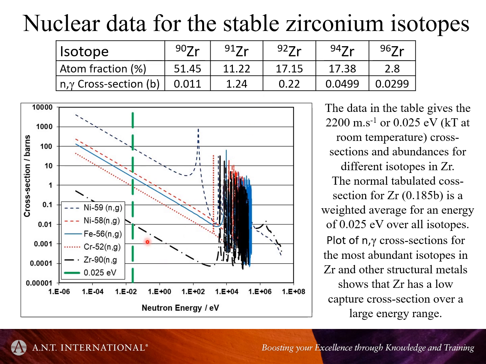So the N-gamma cross-section for zirconium is low relative to all other elements that one would typically see in a nuclear reactor.